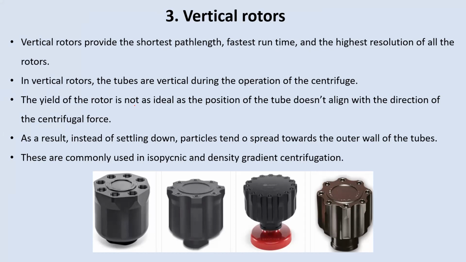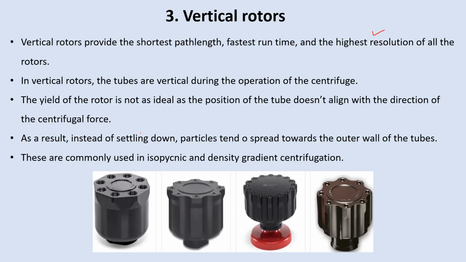The yield of the rotor is not as ideal as the position of the tube doesn't align with the direction of the centrifugal force. So here, since the tube is not in alignment with the centrifugal force, the yield may not be great, but the resolution is good. Whatever separation you are getting will be very pure and good quality separation, but the quantity that you may get may not be good.